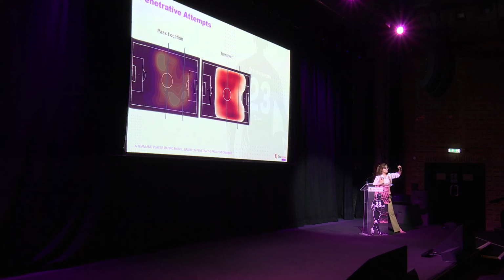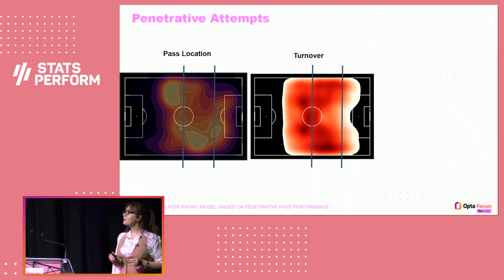On the other side, based on the definition, the farther away penetrative passes tend to be more risky, because there is more distance between the attempt and the goal line, so they are more likely to be turned over or intercepted by the opponent's player.